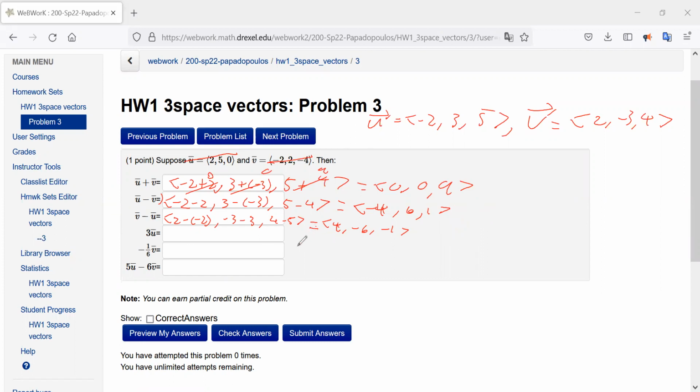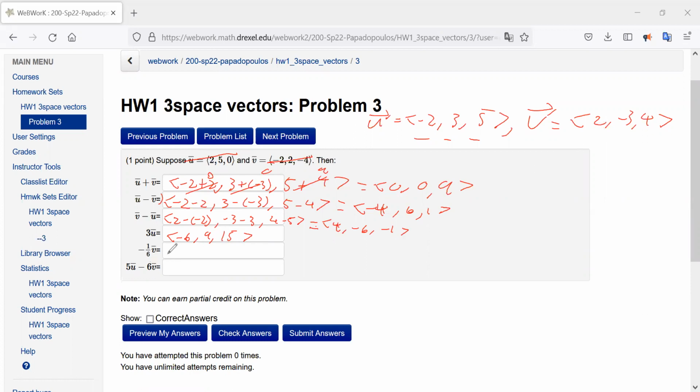3u, we just multiply all the components by 3. So we do 3 times the negative 2, 3 times the 3, and 3 times the 5. So that becomes negative 6, 9, 15. Same idea here, just we're multiplying by negative 1/6, and we're doing it here.